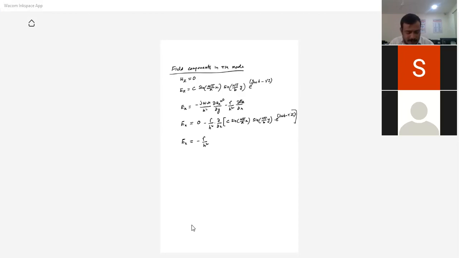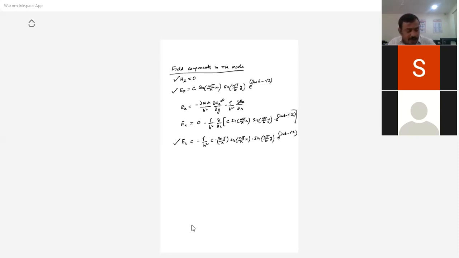So the derivative of sine: c into m pi by a into cos of m pi by a into x, into sine of n pi by b into y, e power j omega t minus gamma z. This is our Ex. Hz, Ez and Ex.